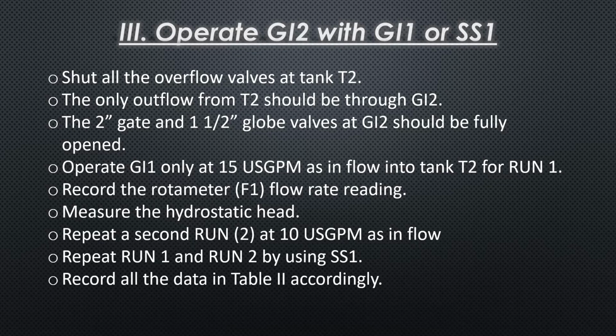Hydrostatic head is the vertical distance between constant water level of tank 2 and the terminal discharge end of galvanized iron 2. For run 2, repeat the previous step by using 10 US-GPM as inflow. Last but not least, repeat the procedure at run 1 and run 2 by using stainless steel 1 and record the data in table 2.